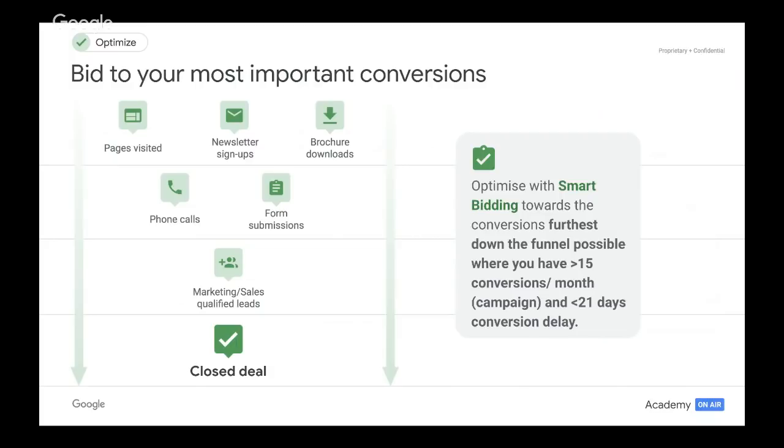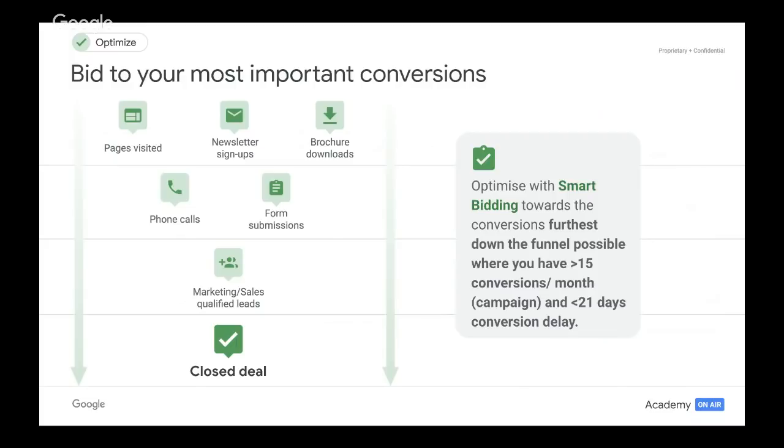So again, in the example of our car insurance company, it would be when a car insurance policy is actually bought. However, what I would say here is that you do need to balance when you are thinking about using a smart bidding solution and optimizing with smart bidding.